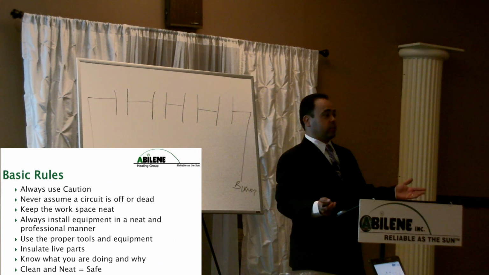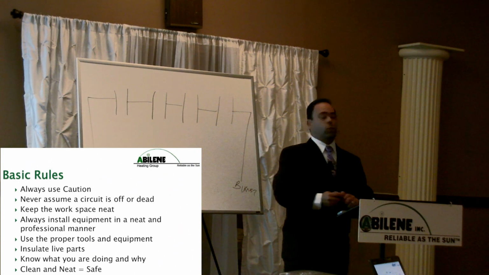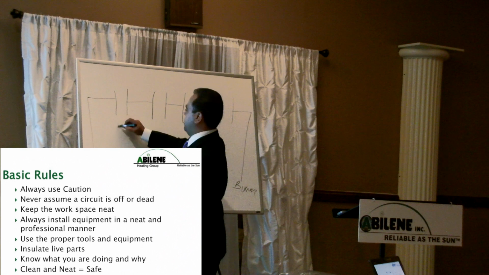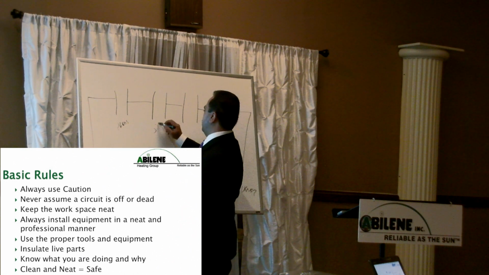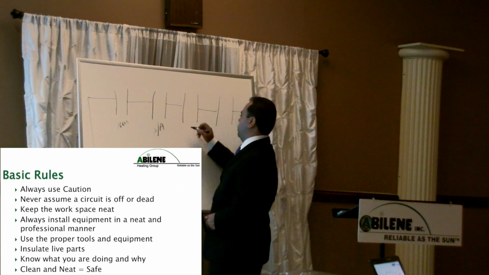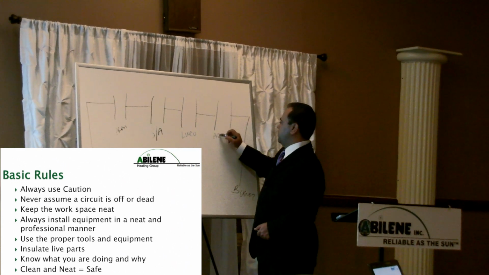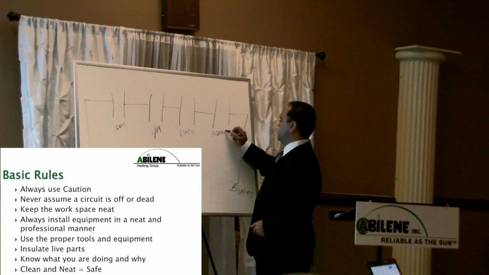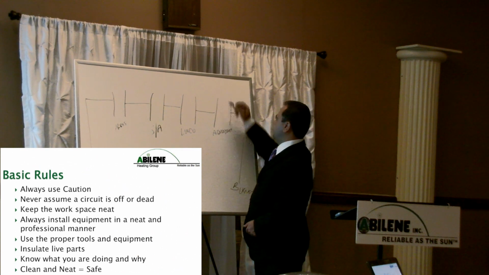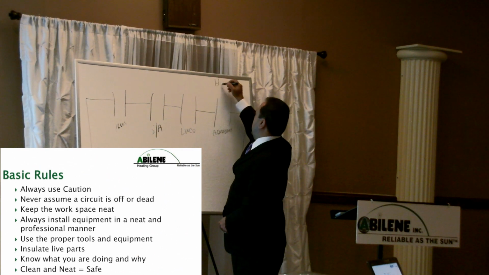These are all limits, right? One could be a pressure control. One could be a smoke alarm. One could be a low water cutoff. Aquastat. Heat timer.